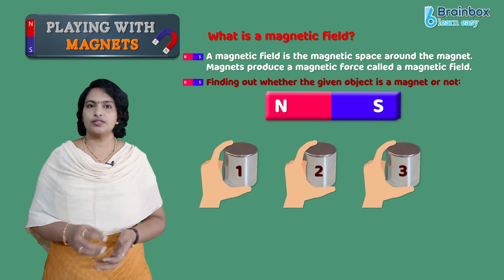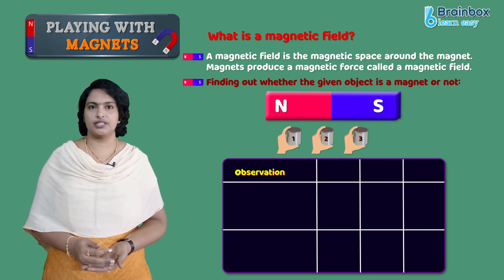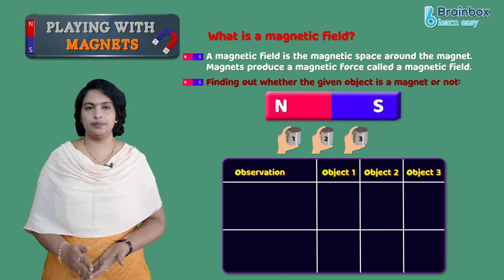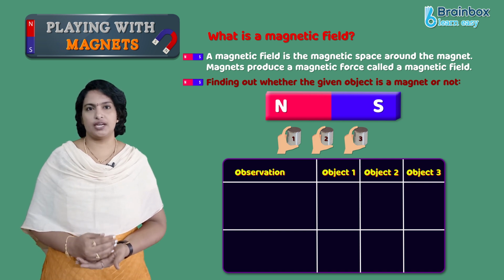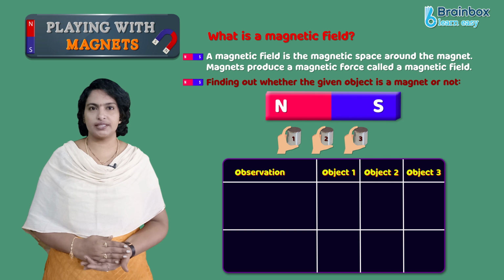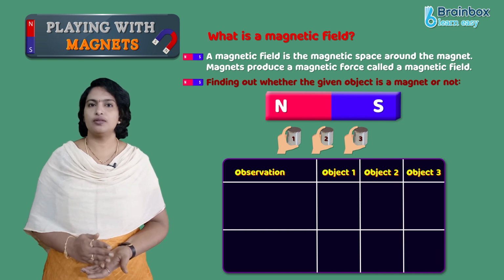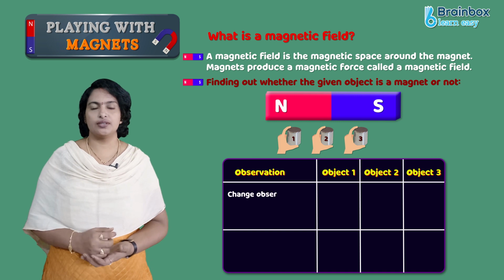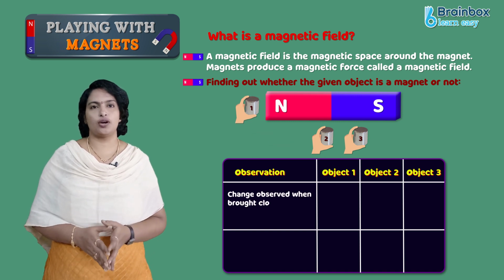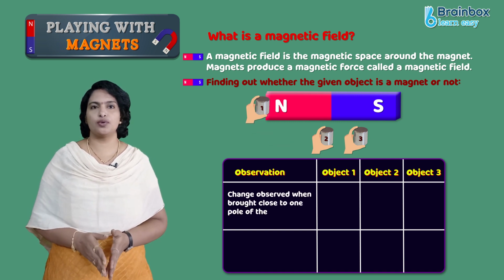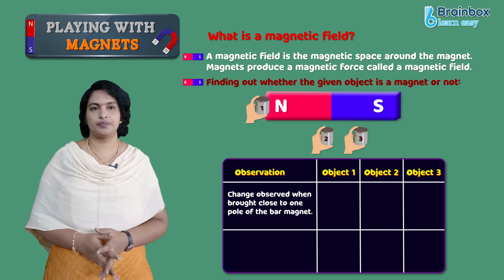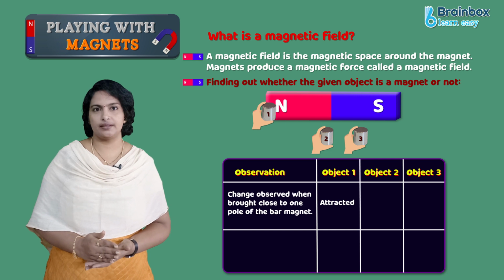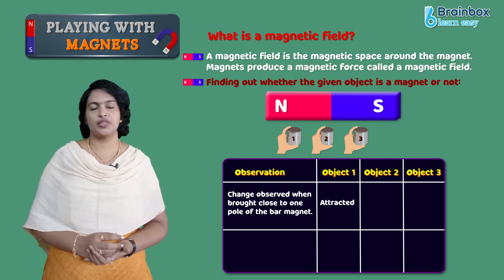Now, first take these three objects, object 1, object 2 and object 3, and observe whether they are attracted, repelled or not. Now, the change observed when you brought one object close to one pole of the bar magnet. First, object 1 attracted at one pole.